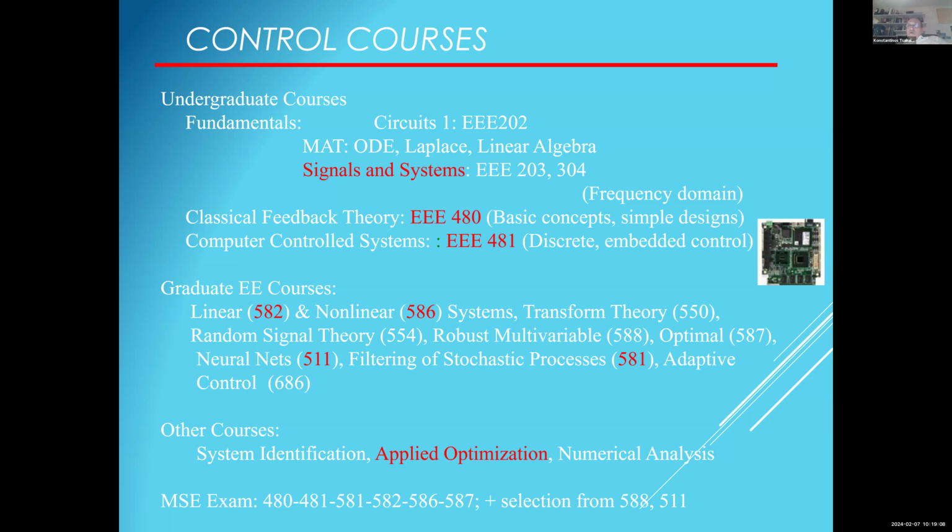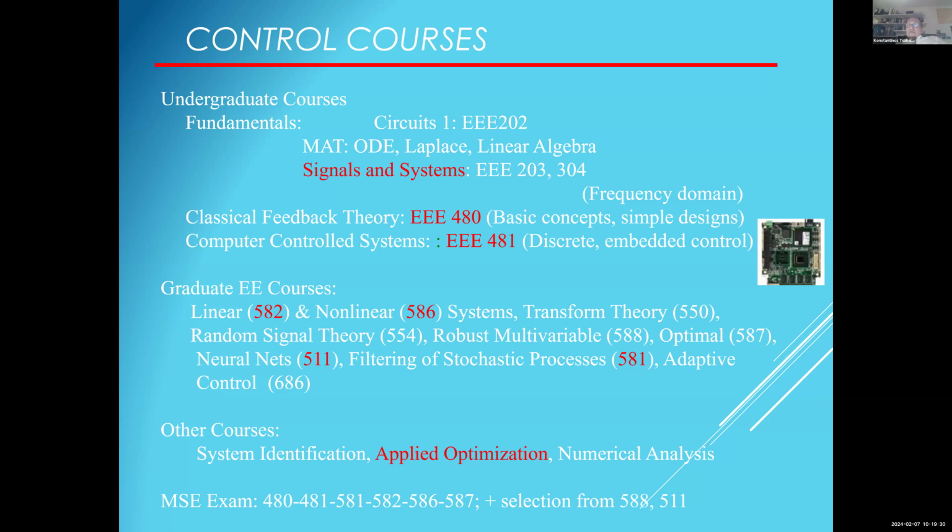The first courses in signals and systems, 203 and 304, we look at the development of background, and in particular 304 has some introduction to control systems and digital control.